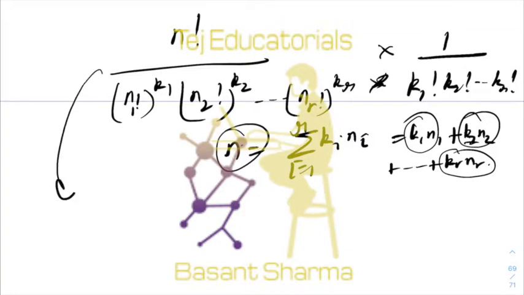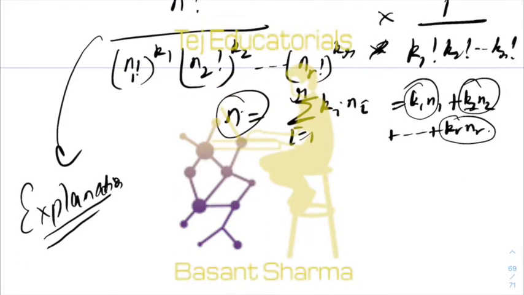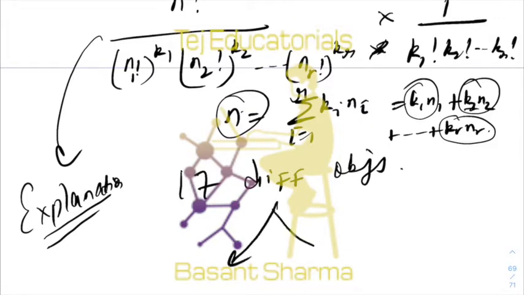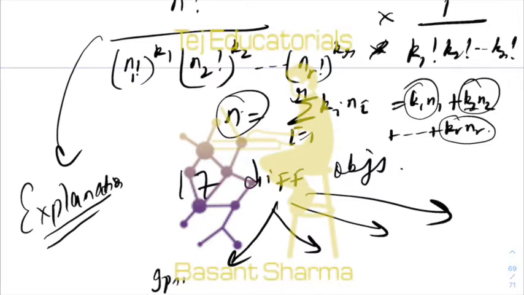Now let's try to see why this is true. Just like in the previous case, suppose there are 17 different objects which are divided into groups.